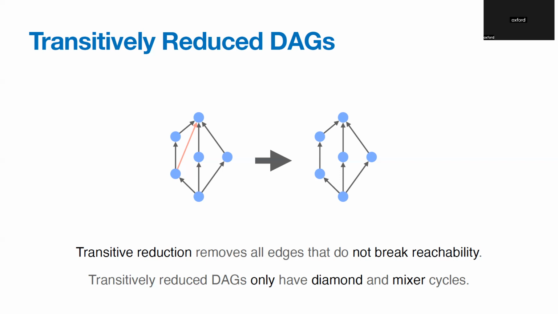So in terms of characterization, it reduces the space, or the number of parameters that we can measure, to characterize the cyclic structure of transitively reduced DAGs.